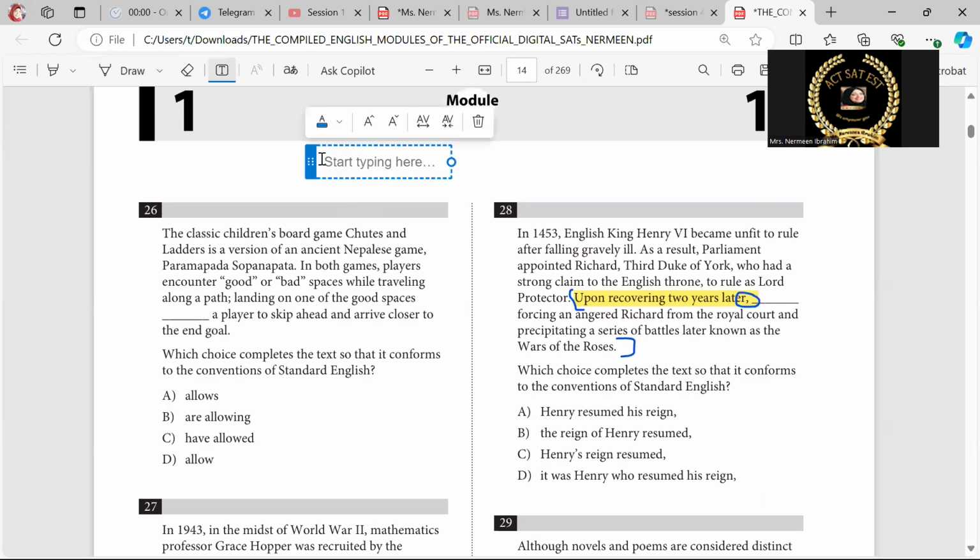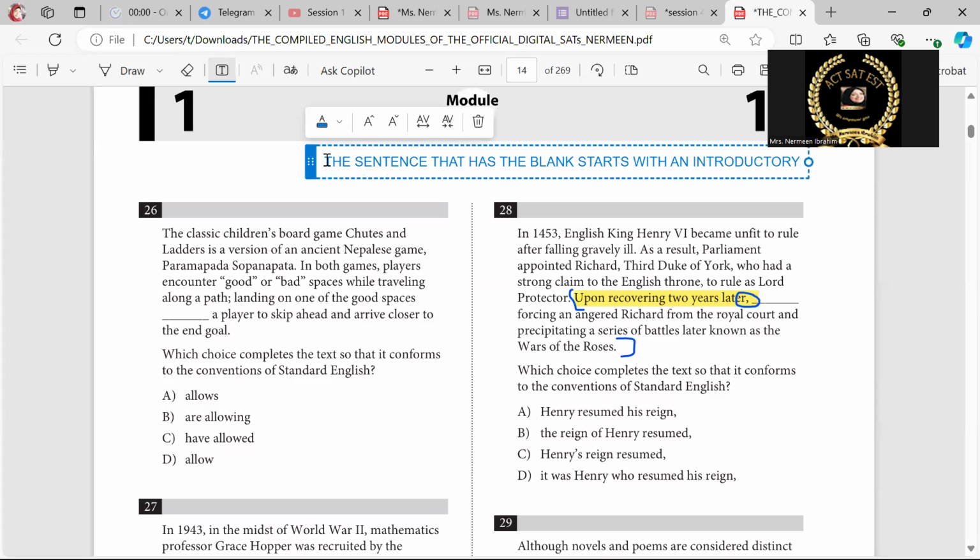Teacher, can you write it for us? Yes, definitely. The sentence that has the blank starts with an introductory phrase or an introductory portion.